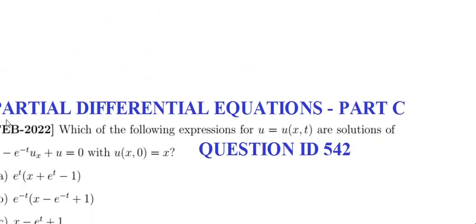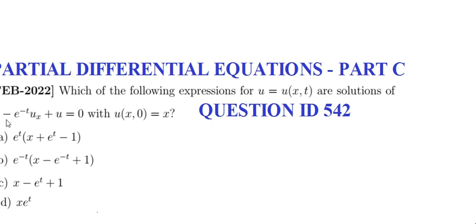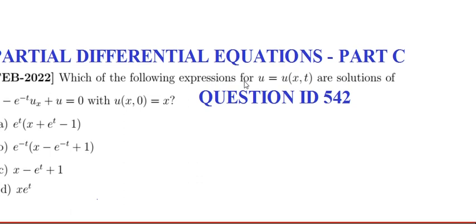So next we will see the next question. The remaining two questions are from part C. So we need to check which of the following expressions for u are the solutions of the given partial differential equation u_t minus e power minus t u_x plus u equal to 0, with the condition u of x comma 0 equal to x.